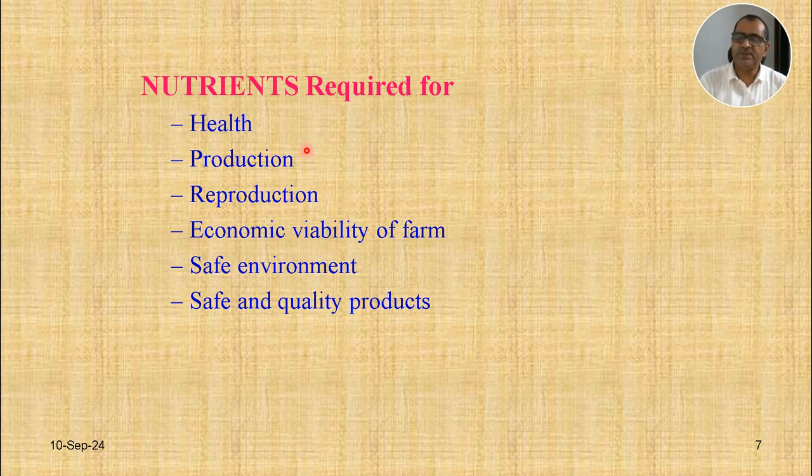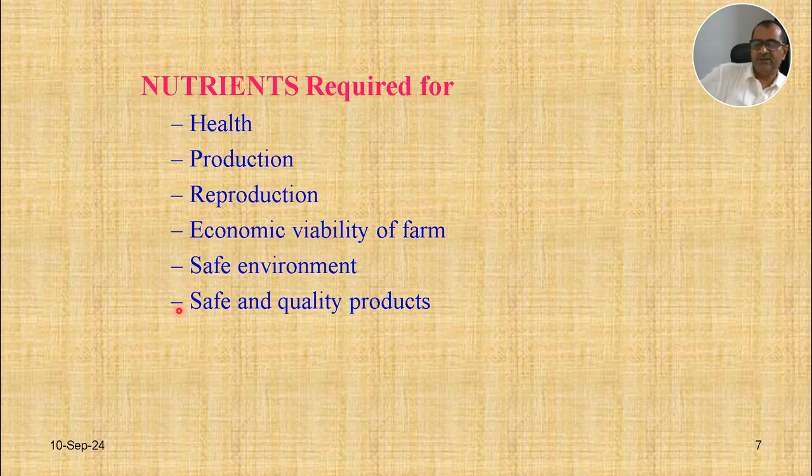Then apart from this, the environment. A safe environment means if the nutrients are proper, the environment will be safe, so that the animal will have the self-defense mechanism, and it will produce very good and nutritious products, and its health will also be very good.